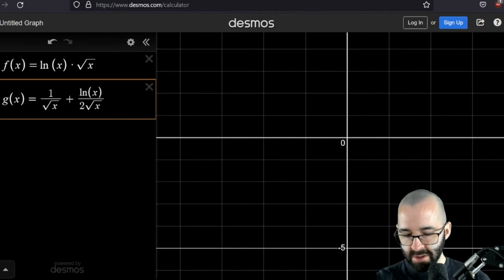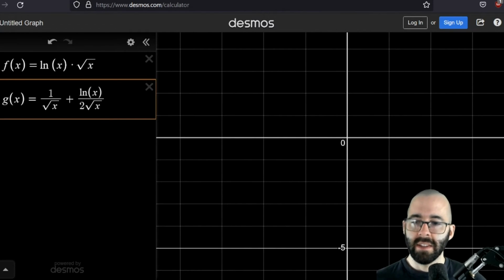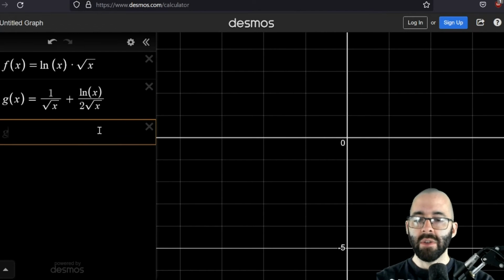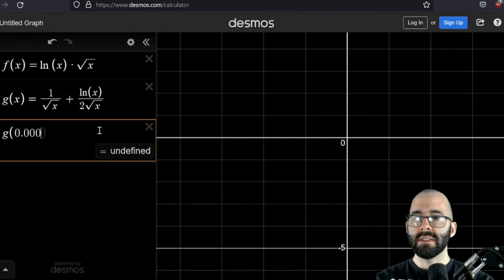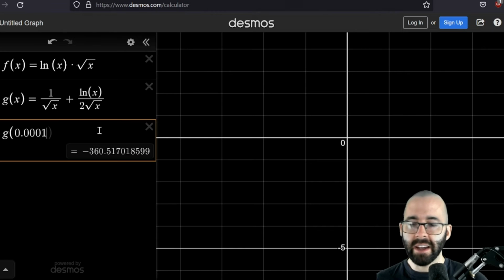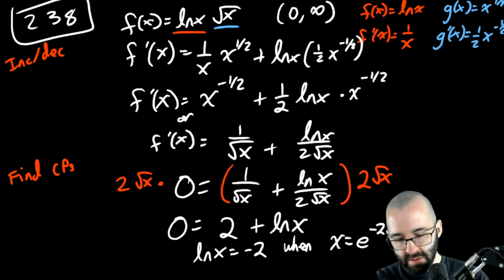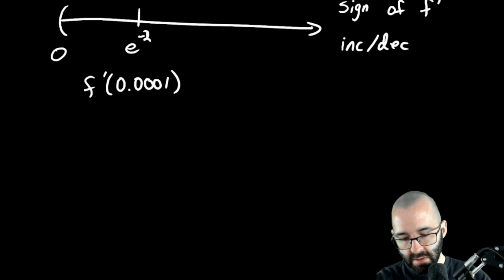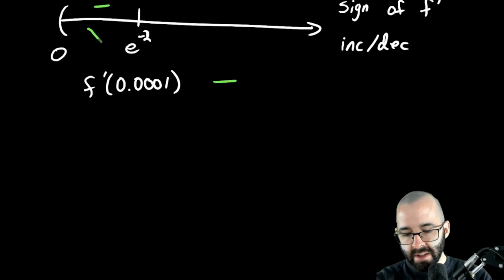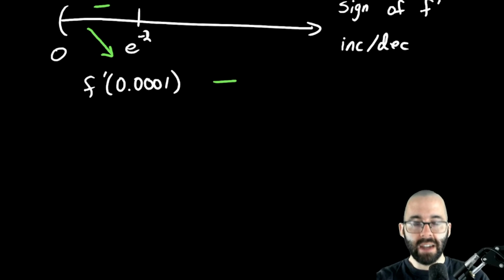And again, no spoilers. We want to know what is the value of the derivative using a calculator when x is very small. It's going to be negative. So it's negative everywhere on this interval, which means it's going to be decreasing everywhere on this interval.